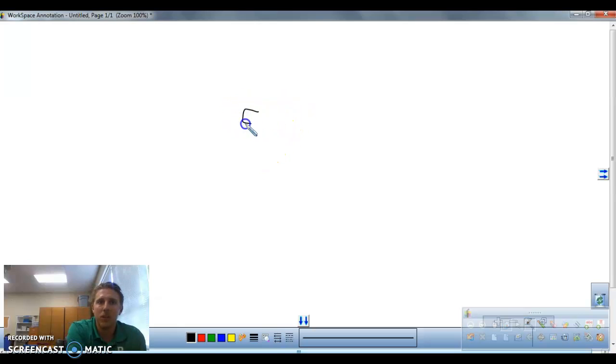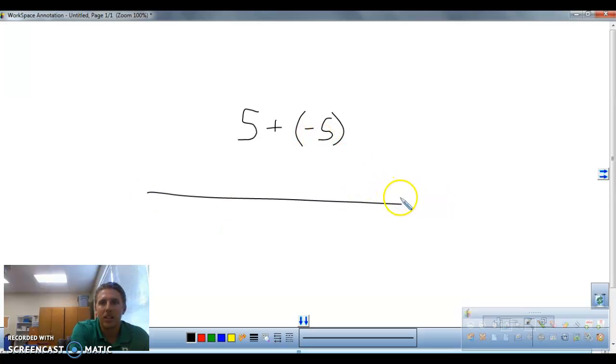But what happens if we start at 5 and we add -5? We're on our number line again. Well, we're still going to start at 5, and we are going to add -5, which means if we usually go this way for +5, we're going to add negatives, which means we're actually going in the opposite direction.